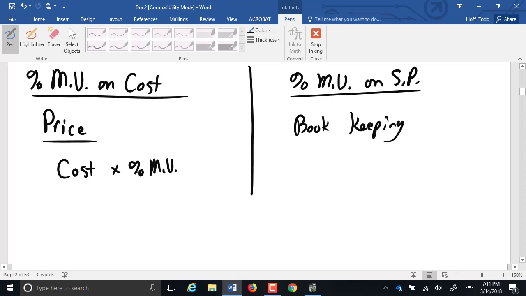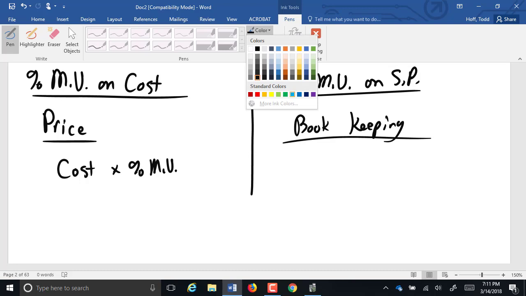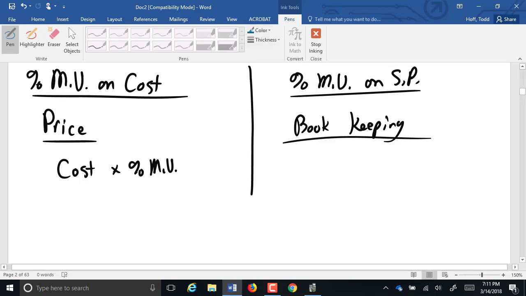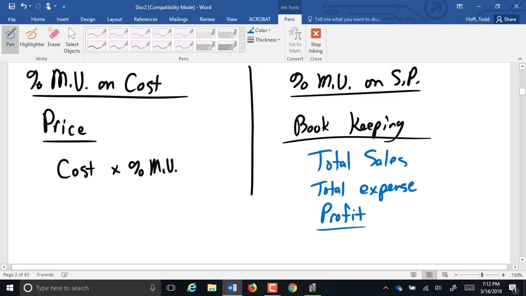When you're managing a business, it's easier to find your total sales and your total expenses. We talked about overhead, electricity, and your labor costs, and your profit, how much you need in profit to make it worth running the business. It's easy to figure out those things.